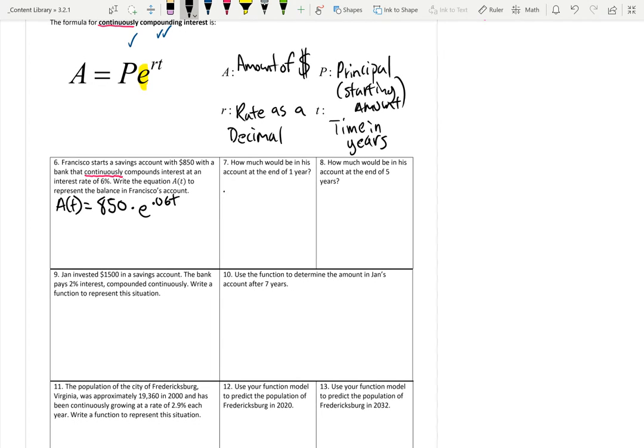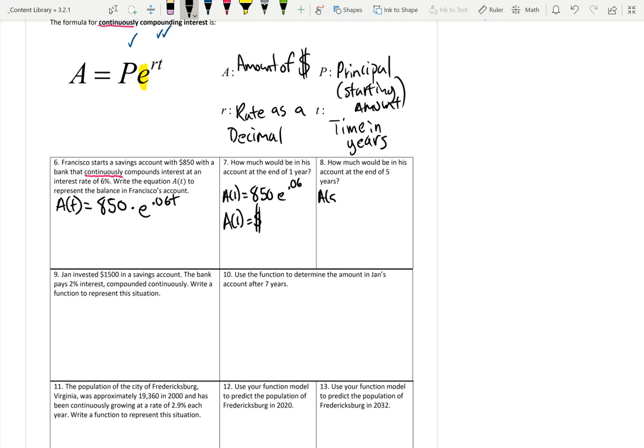So, to use this formula, I would plug in 1, and I would get 850 times e to the 0.06 times 1, and I'm not even going to write it because it's just going to stay 0.06. And then I'm going to get an amount of money. I would not do this by hand. Use a calculator.